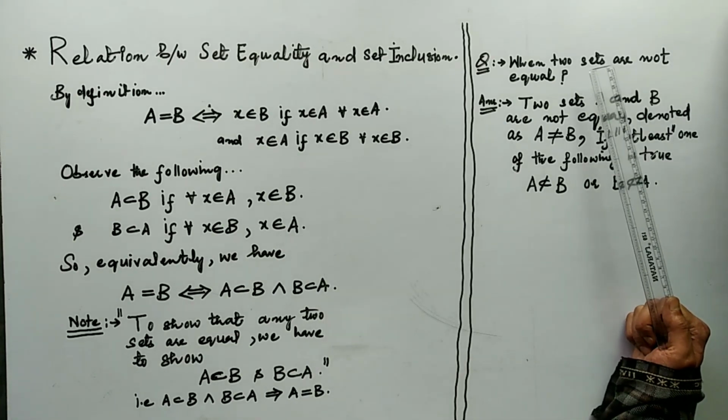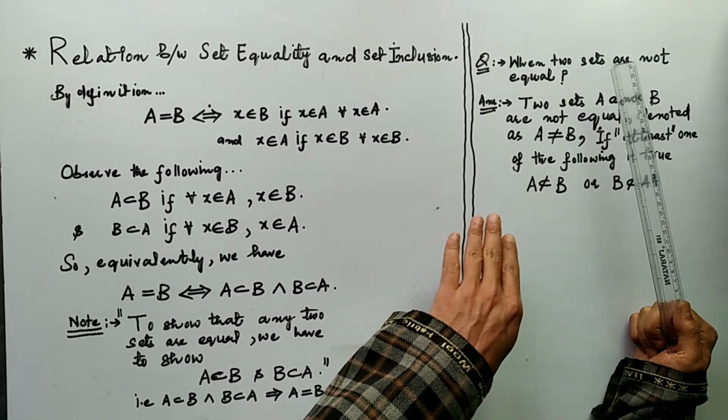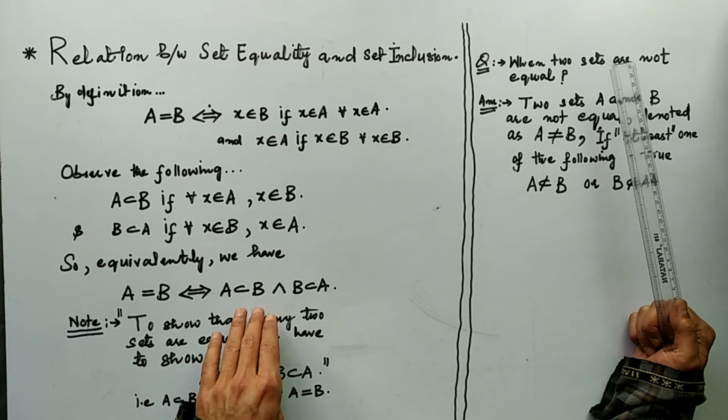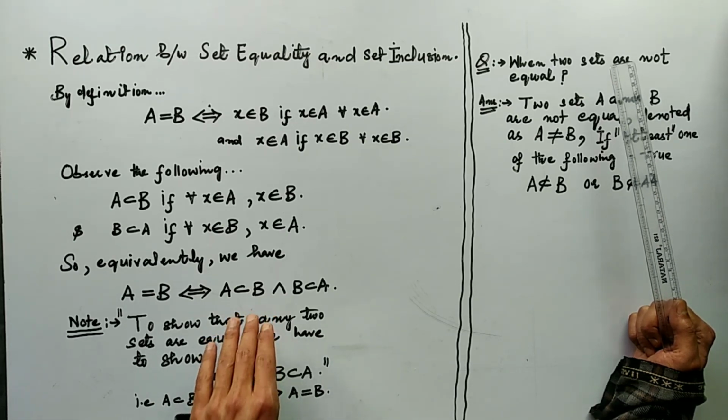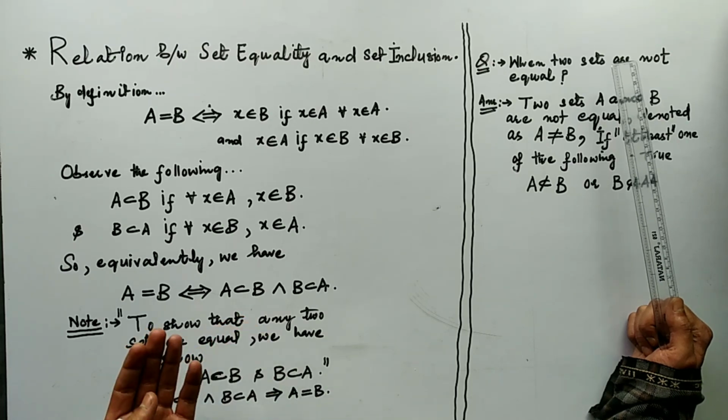When are two sets not equal? Now, asking this question, you are simply asking when this statement is not true. According to logic, this statement is not true only if one of the individual components of the statement is true and the other is false.